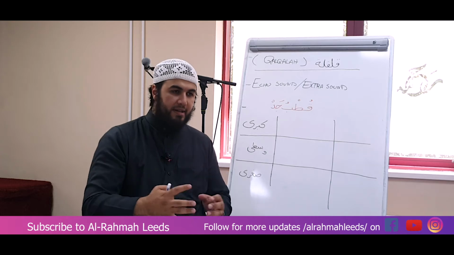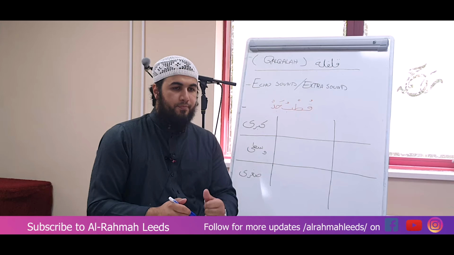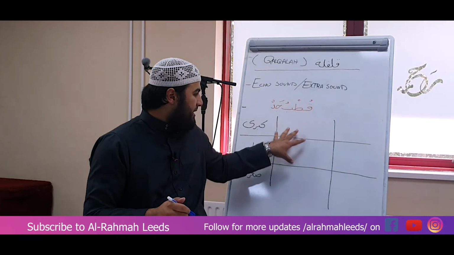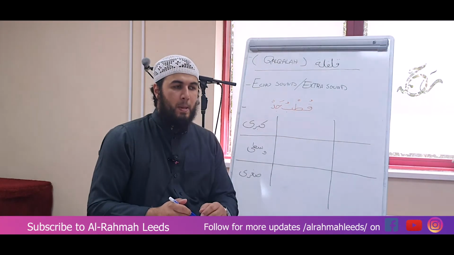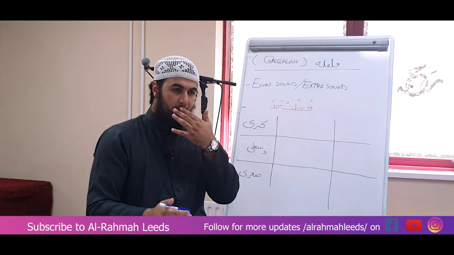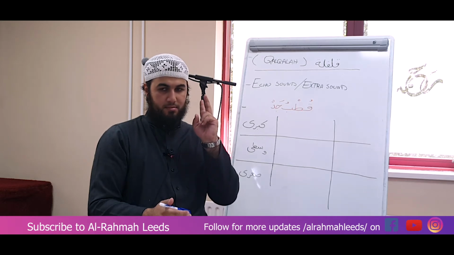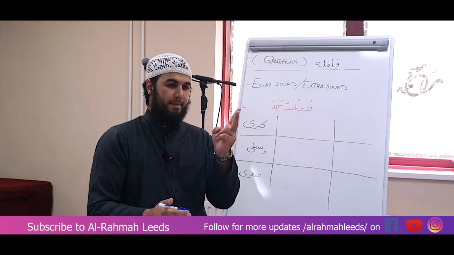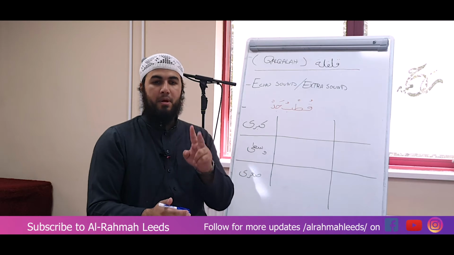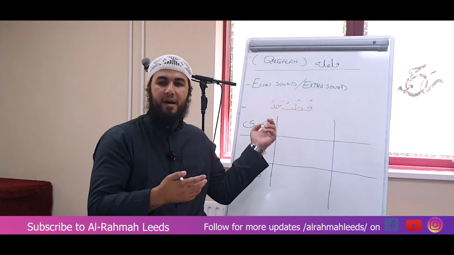So when we start dividing qalqala into 3, Kubra, the first one, we put it in formula way. What's the formula for having a Kubra one? Shadda plus stopping. We already know that you need these 5 letters, so we don't need to mention it.